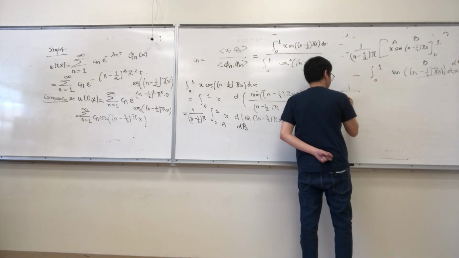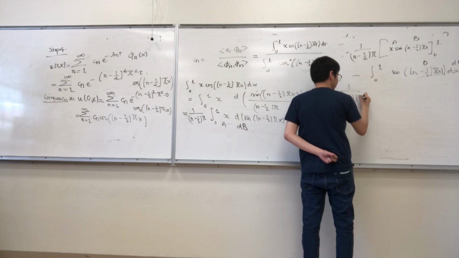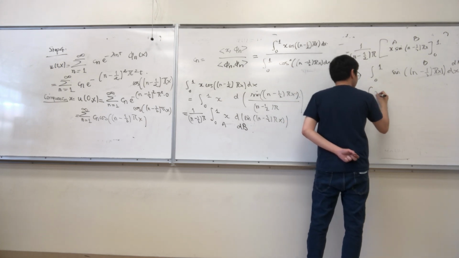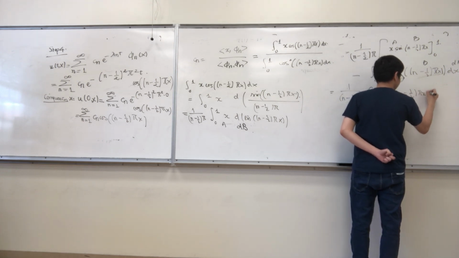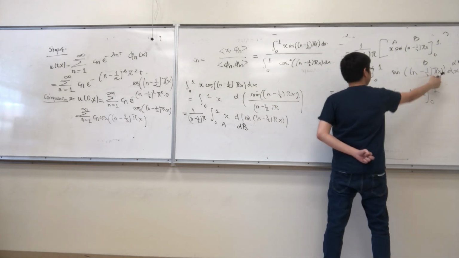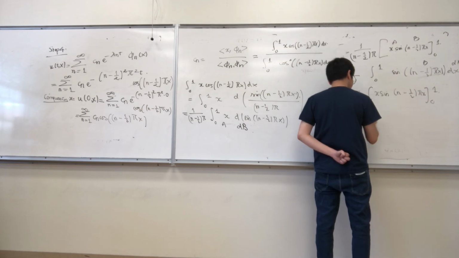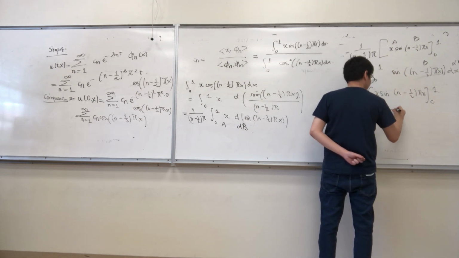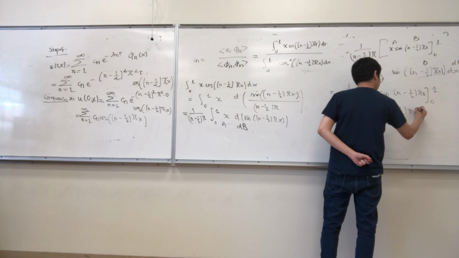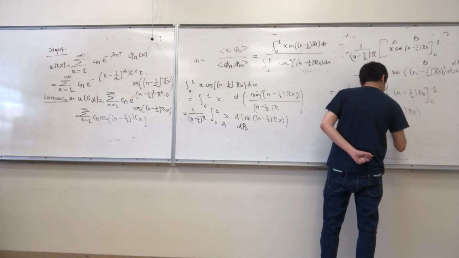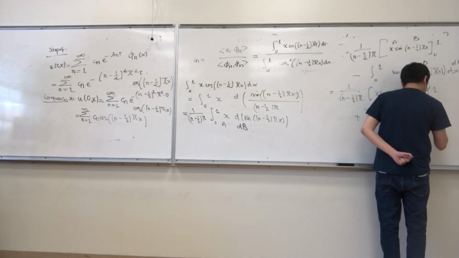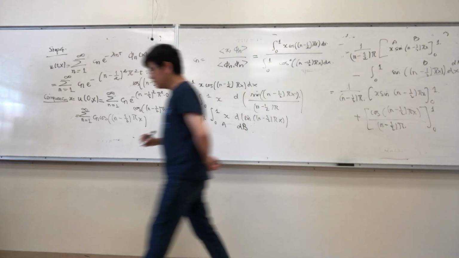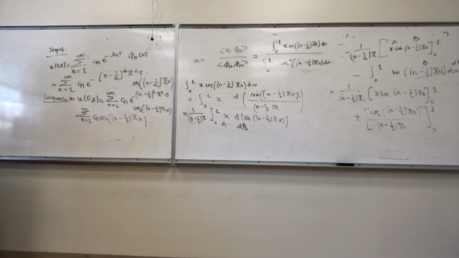So that gives me minus (n minus 1/2) pi sine of (n minus 1/2) pi x from 0 to 1. This guy, the antiderivative will be cosine of (n minus 1/2) pi x divided by (n minus 1/2) pi. You take the difference from 0 to 1. Alright? And you get, what is the coefficient?